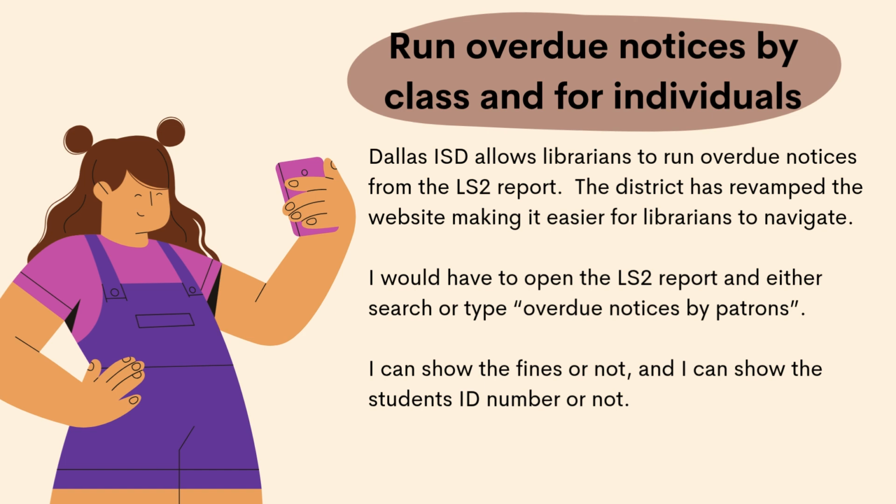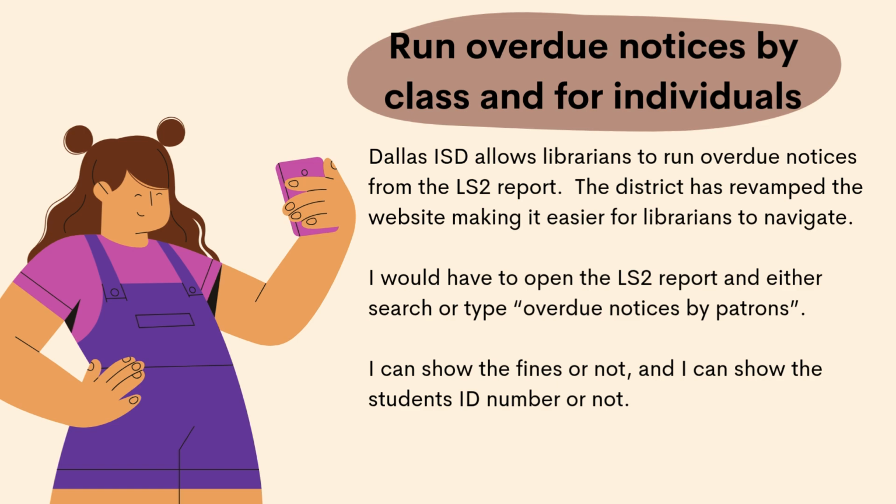The LS2 report is where all Dallas ISD librarians have access to view not just students at our school, but students in Dallas ISD. So if I had a student and they may have transferred, I can still pull that student's name up. All I need is their first and last name or their student ID number.